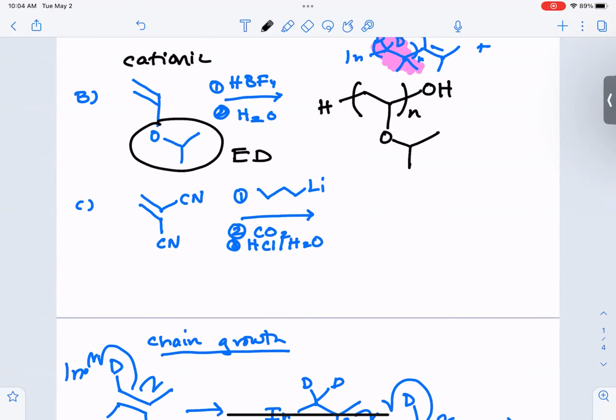Then we have anionic polymerization. You have that butyl lithium group. So that is going to be our end group. So 1, 2, 3, 4. Our repeating unit. So the repeating unit.